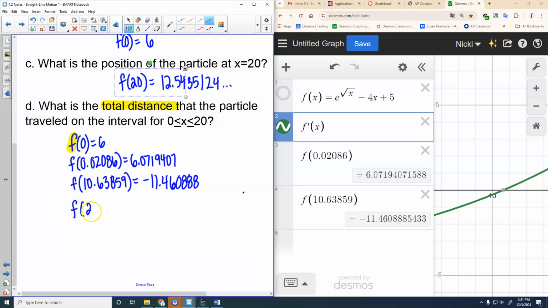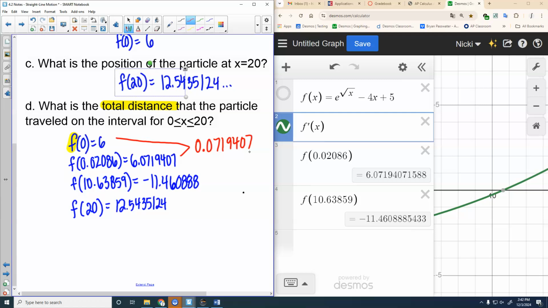My last one would be f of 20, and we've already found it's 12.543512. So what we've got to do is figure out how far we walked, no matter what direction it was. From here to here, you just went 0.0719407 units, right? Just that tiny little bit.